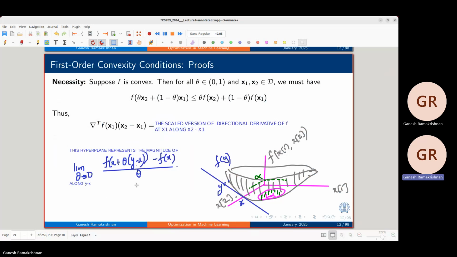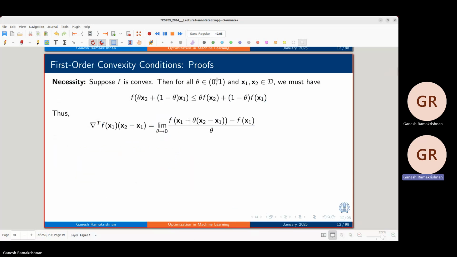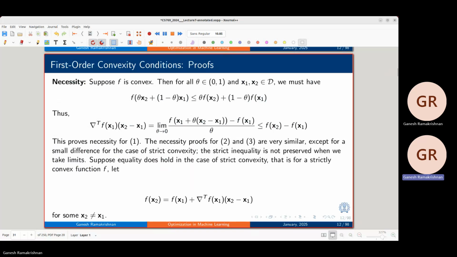You understand? I just reinterpreted my f of x1 plus theta h as f of a convex combination of x1 and x2, by virtue of the fact that h itself was a direction from x1 to x2. Okay, so this is what we have done. I have taken the expression f of x1 plus theta times x2 minus x1, minus f of x1, divided by theta.